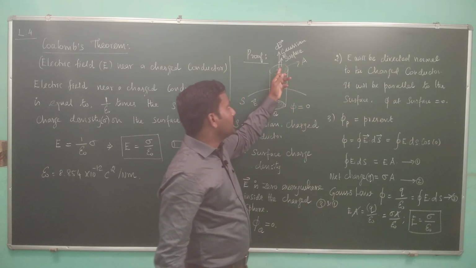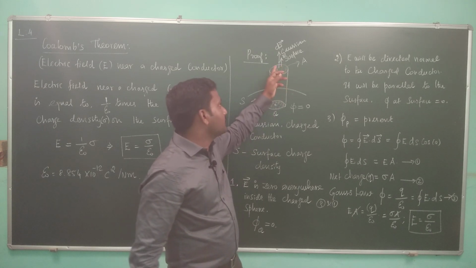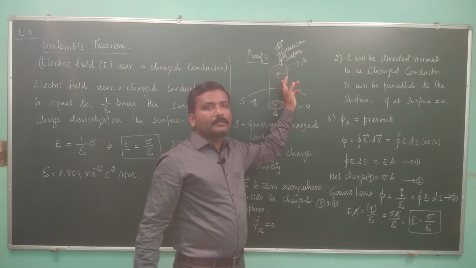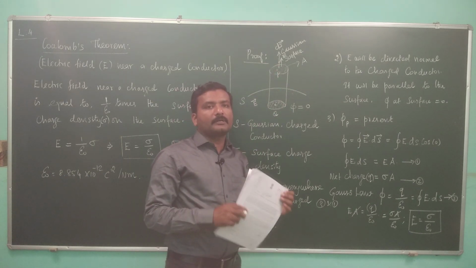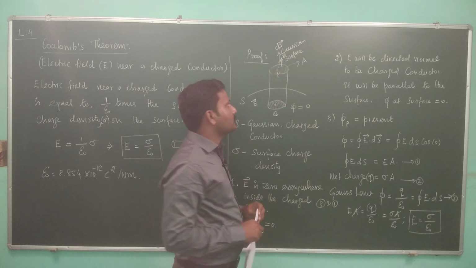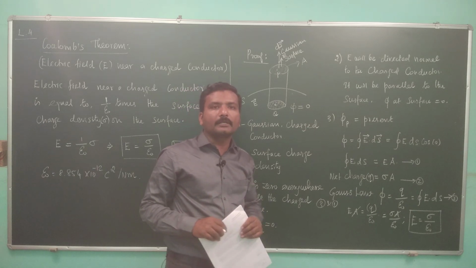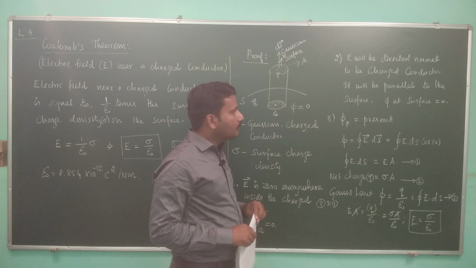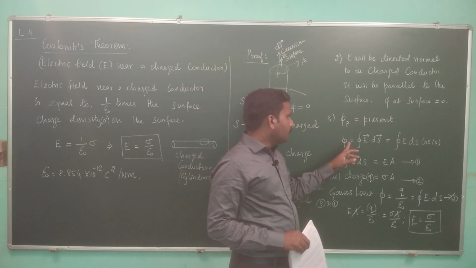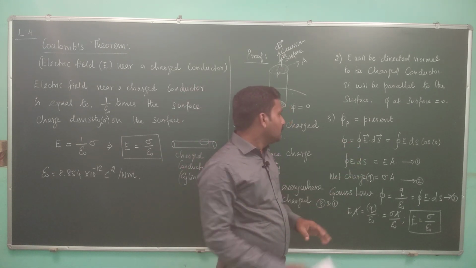So the only possibility for calculating electric flux is at the surface located at the point P, where we can notice that the surface normal component ds and the electric field component E vector are both directed in the same direction, so the angle between these two is zero.